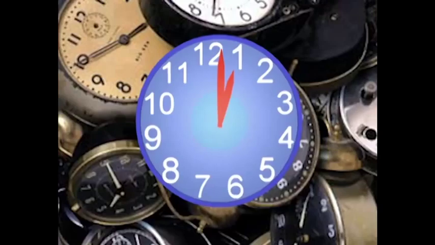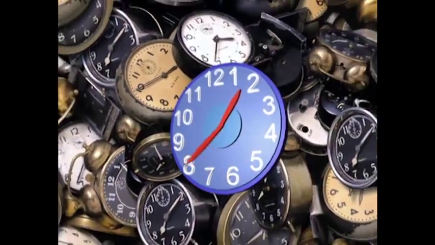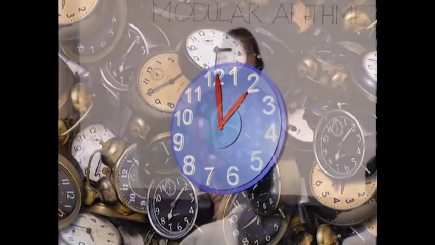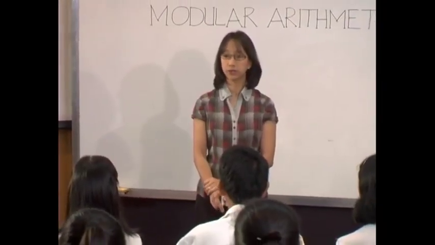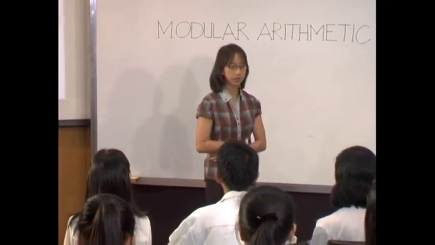Okay, that's correct. So, in our example last time, we made use of the clock. And we talked about the numbers 1 to 12. And remember, we said we'll replace 12 by 0. And every time we reach 12, we start from 0 again. Okay.